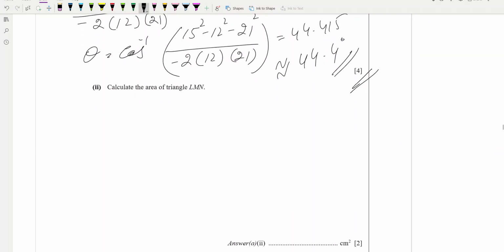Now we can go through the second part, which is saying calculate the area of the triangle LMN.